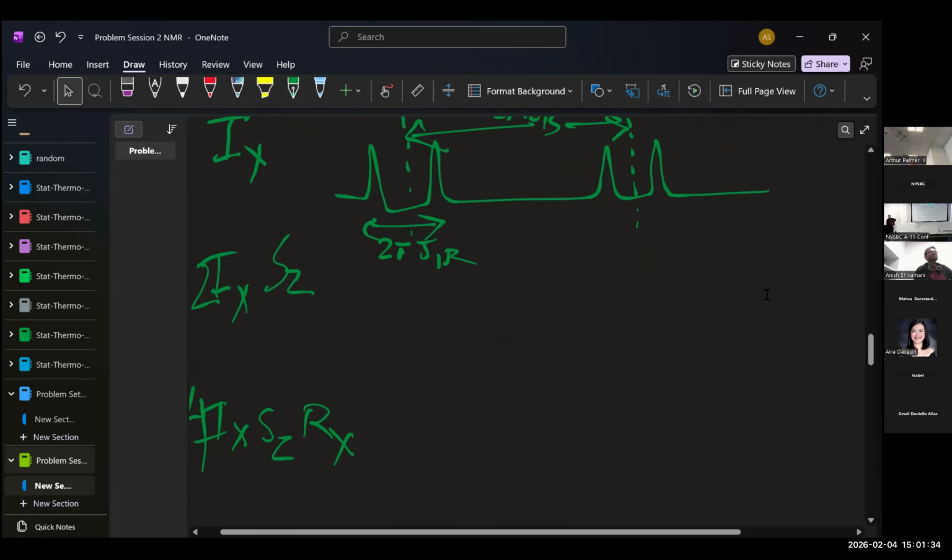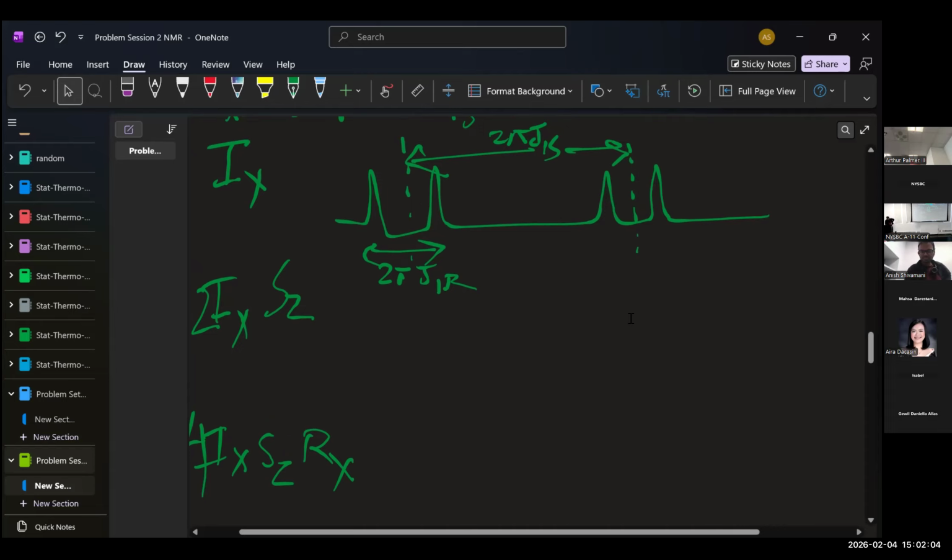Okay, what happens for 2IXSZ? One of the doublets is negative or antiphase.